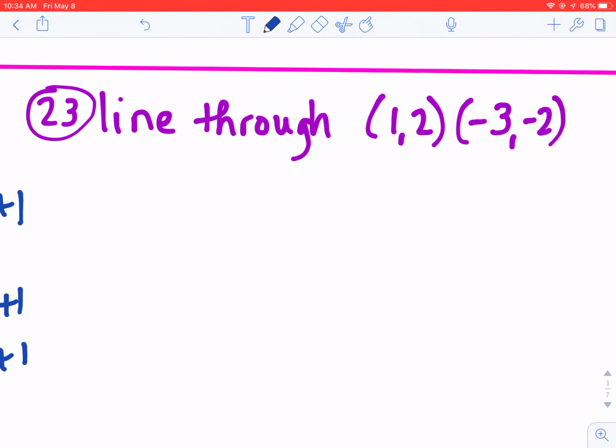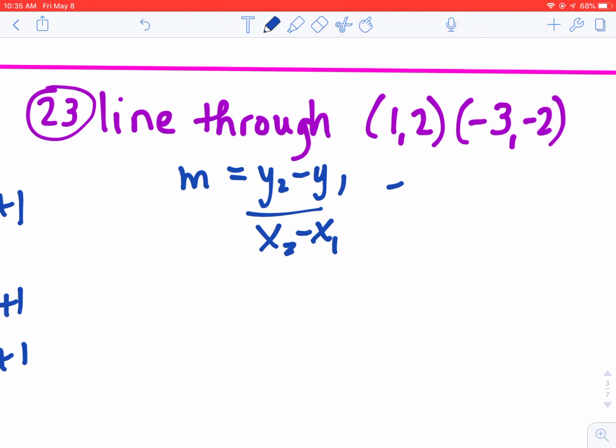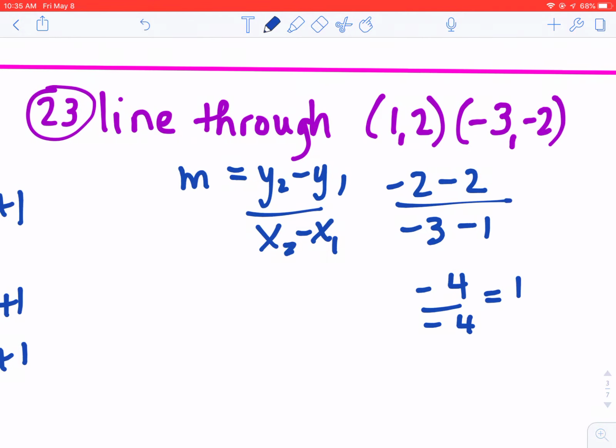All right, you have to be able to write lines, okay, through 2 points. So the first thing, find your slope. y2 minus y1 over x2 minus x1. Things like this, write them down so that you can use them for your final. So negative 2 minus 2 over negative 3 minus 1 looks like negative 4 over negative 4, which is 1.